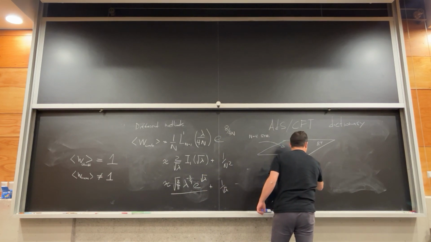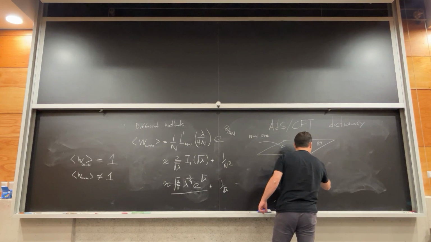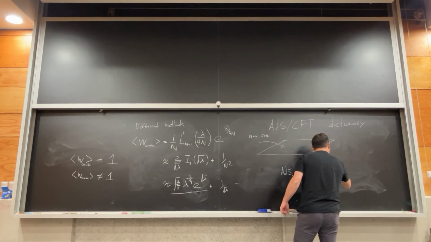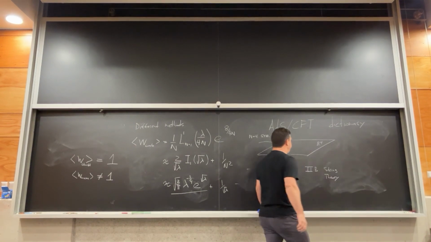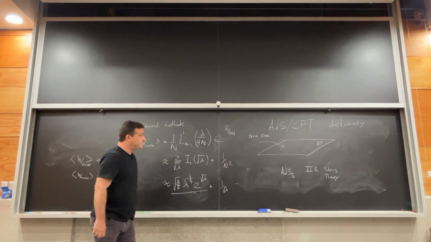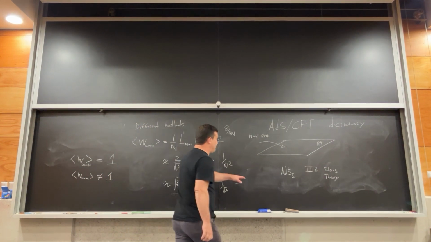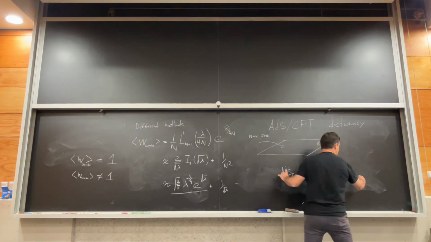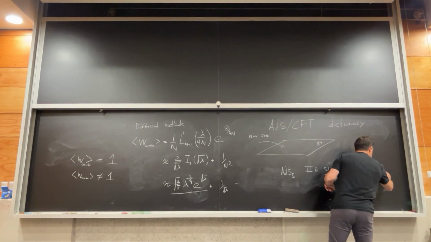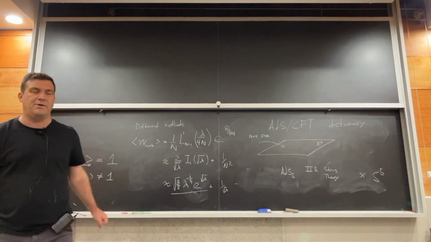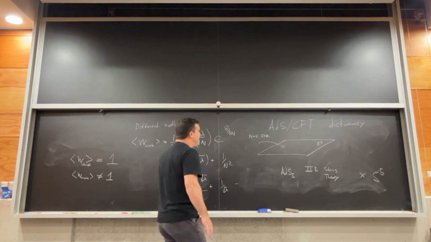And here I have type IIB string theory. And of course I have also an internal space, which is the S5. But that's not going to play a role in what I'm going to do.